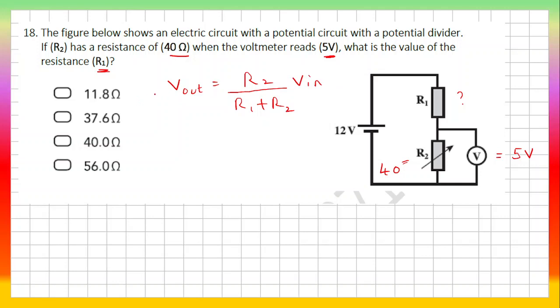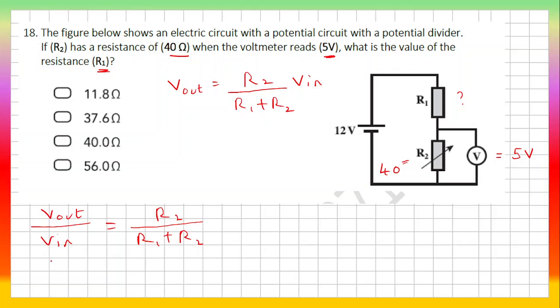If you go to the formula table, then you will get this. But this is what I'll use. I'll start from V out over V in. It's coming from this. You divide both sides by V in. So V out over V in is equal to R2 over R1 plus R2.